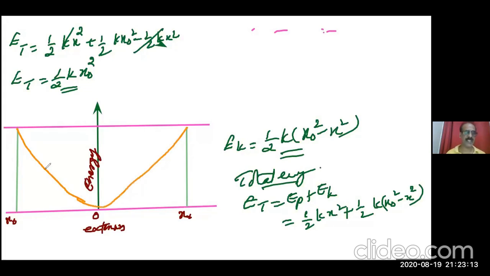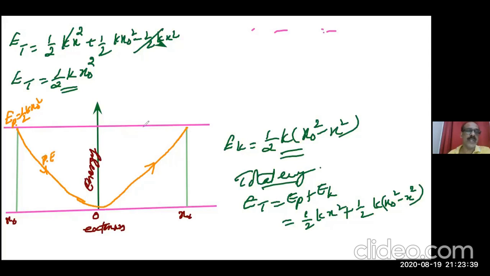Which graph is this, if I am marking it? It's potential energy, because at the extreme end, potential energy is maximum and kinetic energy is 0. So this is EP is equal to half k x naught squared. This is the potential energy curve.